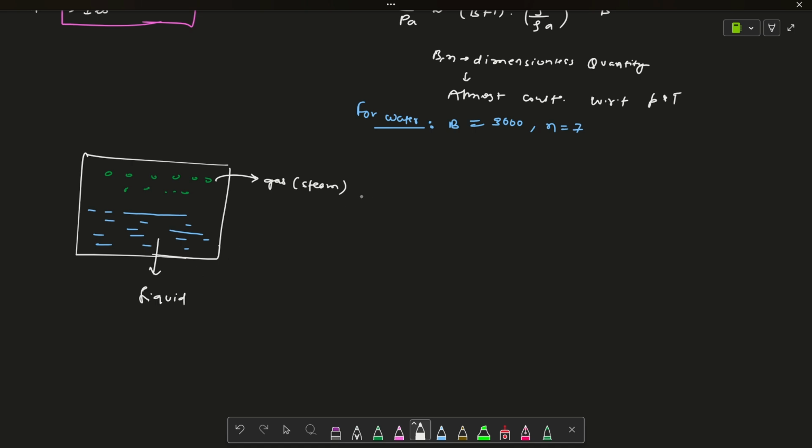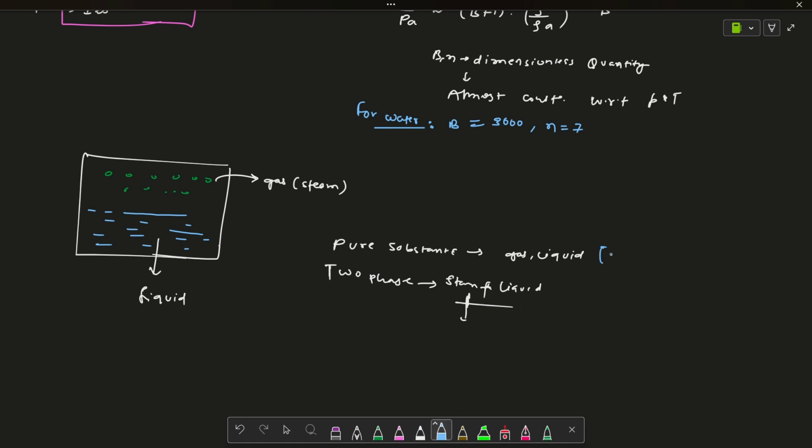Then, as we have discussed above, for a pure substance, meaning only liquid or only gas is there, we say pure substance. And for a two-phase mixture like this one, both steam and liquid are present.